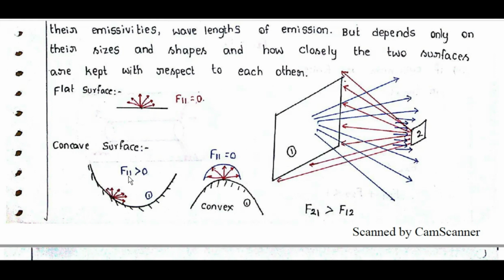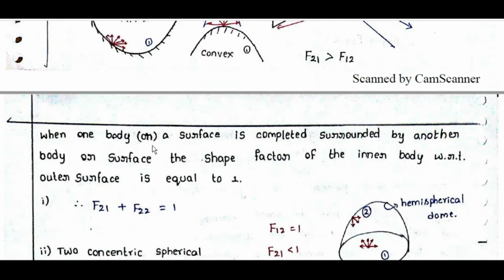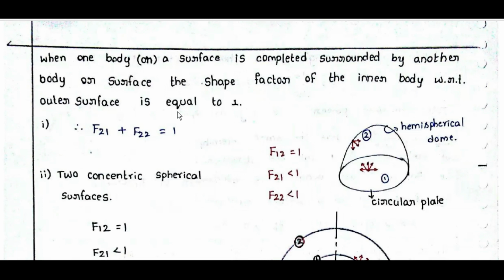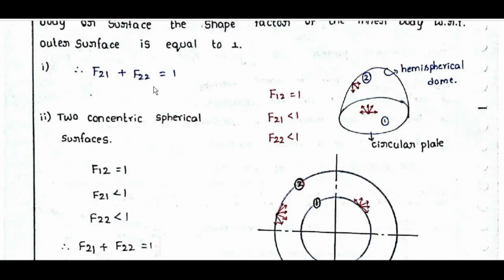For a concave surface, F11 is greater than 0, and for a convex surface F11 is equal to 0, F21 greater than F12. When one body or surface is completely surrounded by another body or surface, the shape factor of the inner body with respect to the outer body is equal to 1. F21 plus F22 is equal to 1. F12 is equal to 1.